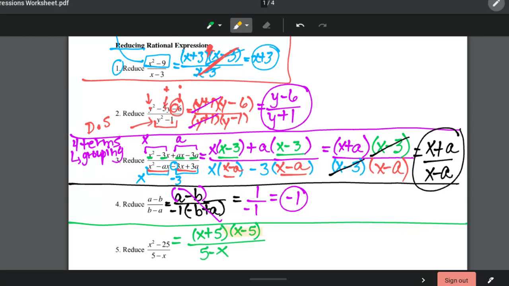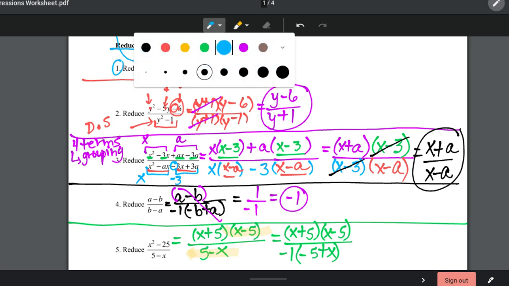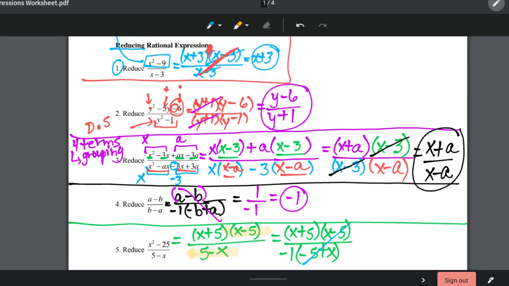And I notice that x minus 5 looks almost identical to 5 minus x. So in the denominator, I'll factor out a negative 1. I have a negative 5 plus x, which now makes it the same as the x minus 5 on the top. So I can divide those two out.